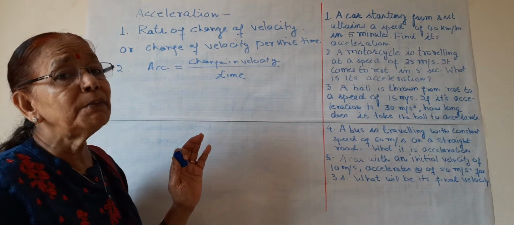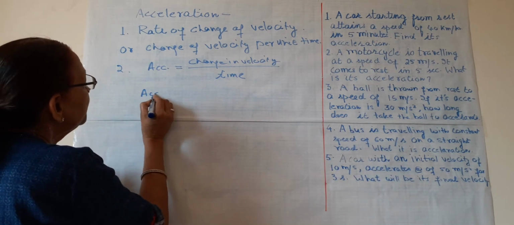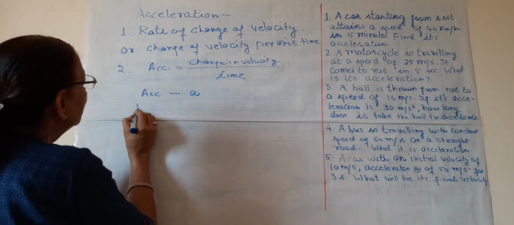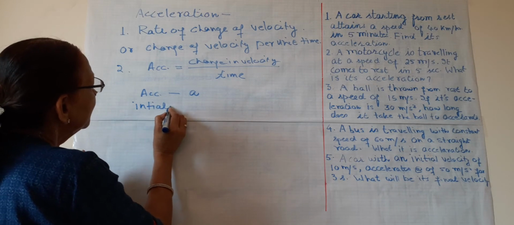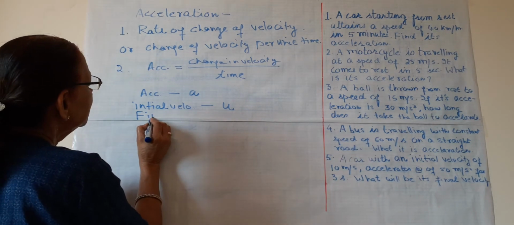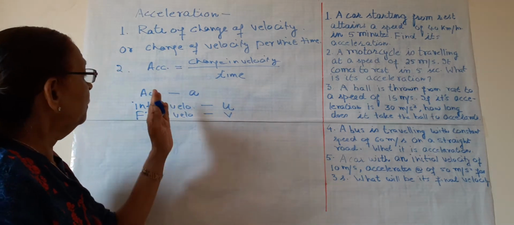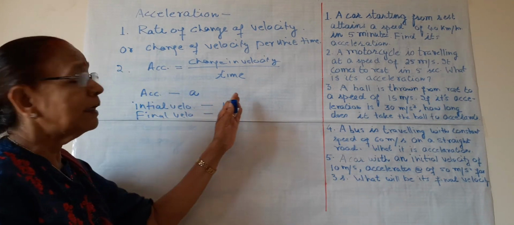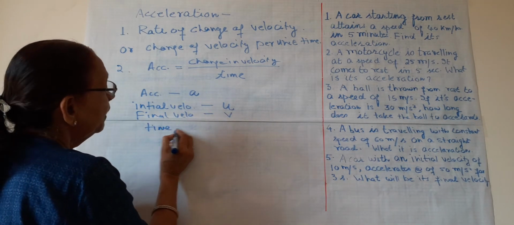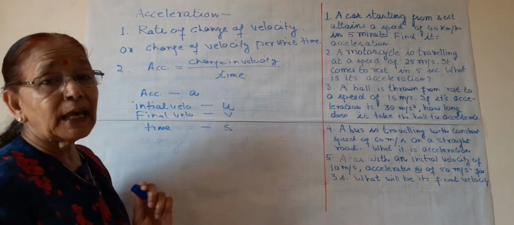Now I am giving you some symbols which are used here. For acceleration, we use the symbol small a. For velocity, we use two symbols. Initial velocity is denoted by u and final velocity is denoted by v. So, acceleration small a, initial velocity u, final velocity v, and time, all of you know, it is denoted by small t. So, what are their SI units?